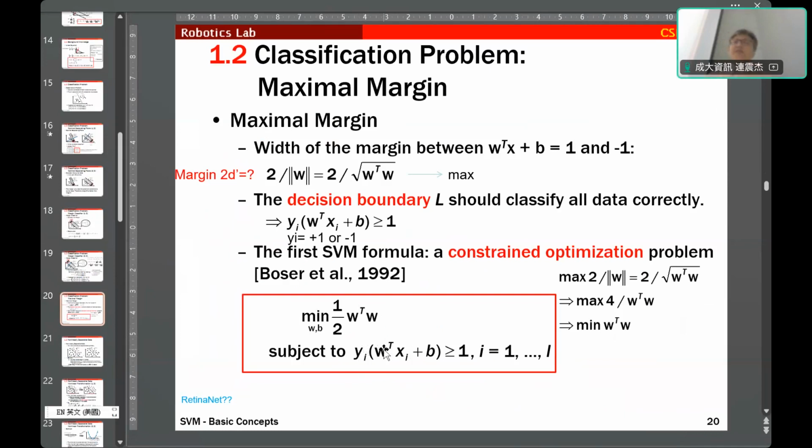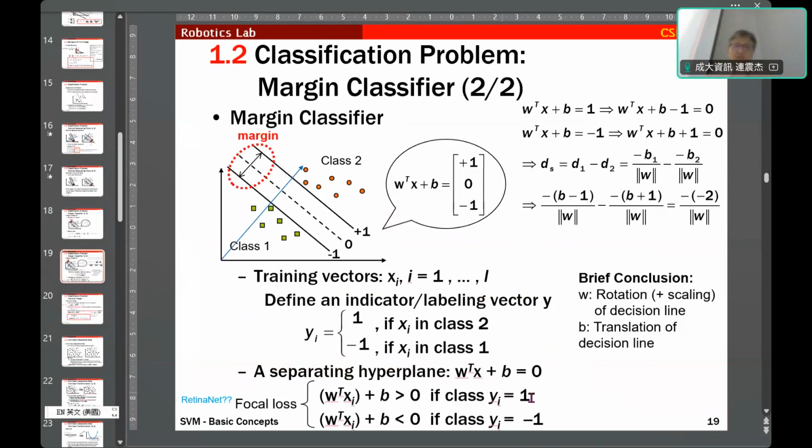So if both are the same side, the same sign, 相同的符号，都是正的话，那就是在刚刚讲 class 2。Or is -1 because this is -1, class -1. This is a negative on this side. So -1 times minus is also bigger than 1.